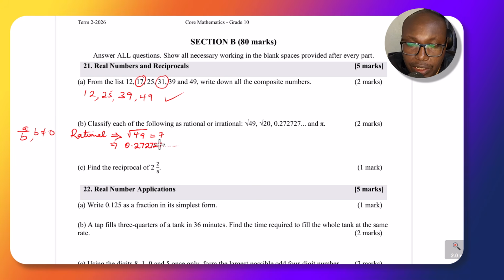I mentioned earlier that if you convert this number into a fraction, you'll notice it is possible to express it in the form a over b. So we said that rational numbers include terminating decimals and repeating or recurring decimals.